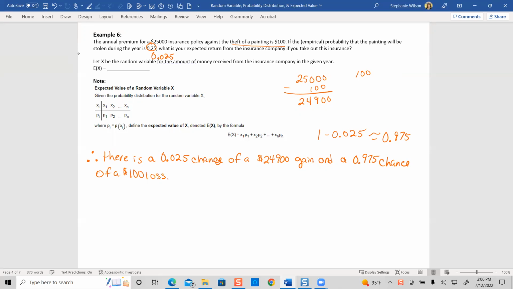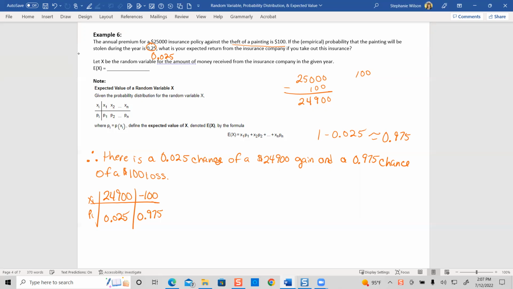Okay, so now let's find the expected value. So I can plug this into my table, right? Let's create our table real quick. So I have the 24,900, and underneath it is the 0.025. And then we have a negative 100 and a 0.975.